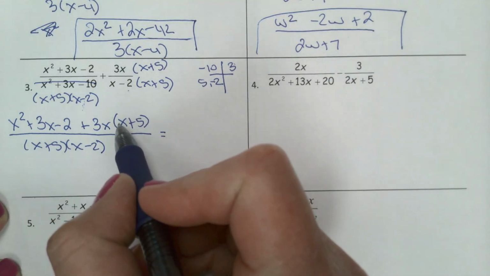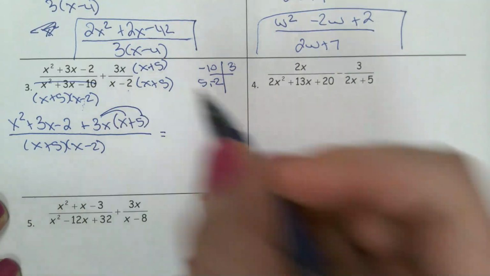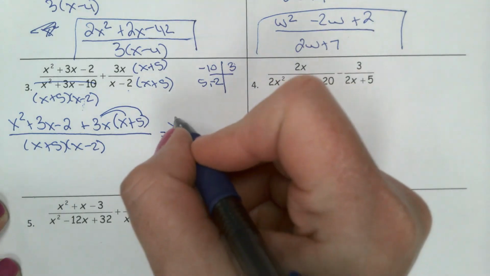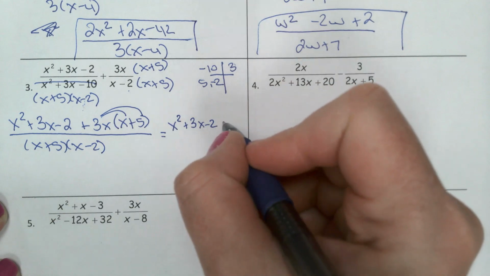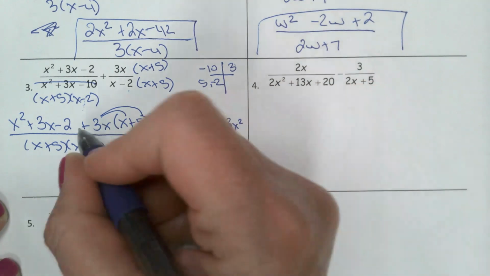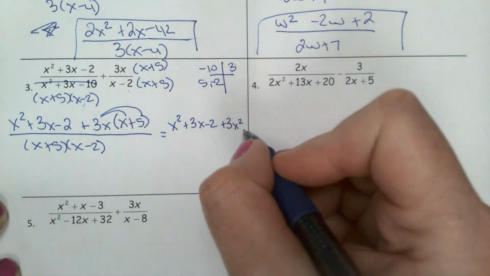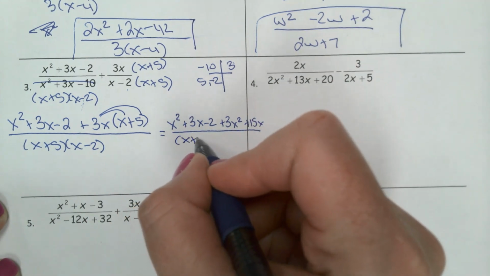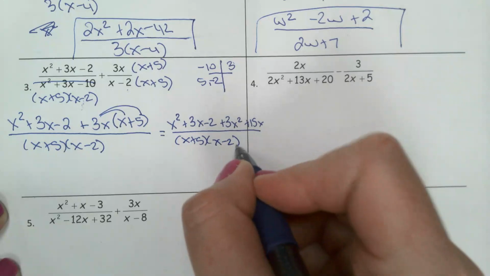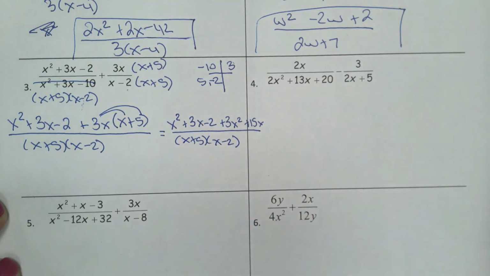Since I was multiplying it by 2 terms, I'm going to have to distribute here. So that gets me an x squared plus 3x minus 2 plus 3x squared, and then 3x times 5 is 15x over x plus 5, x minus 2.